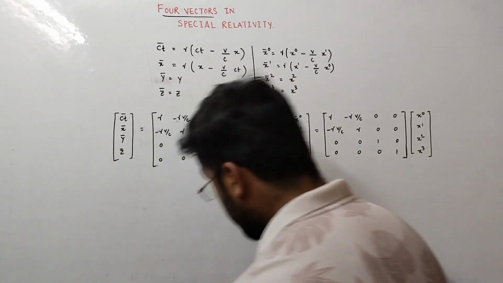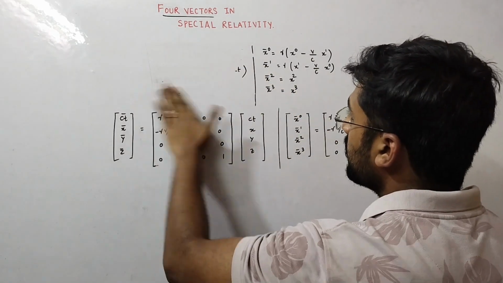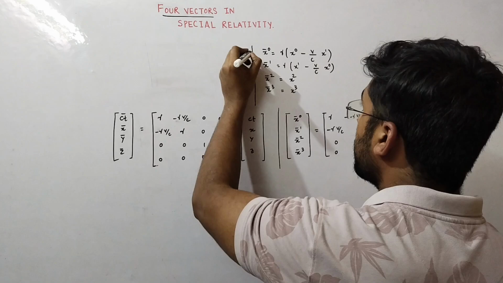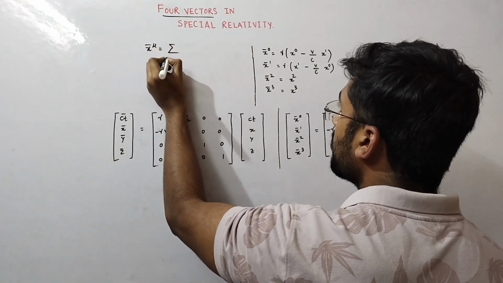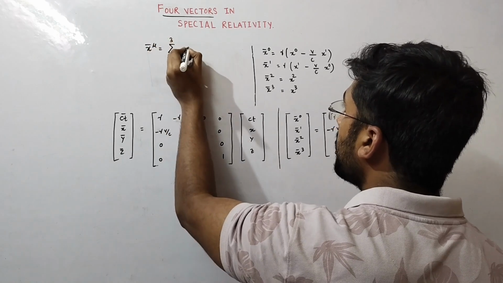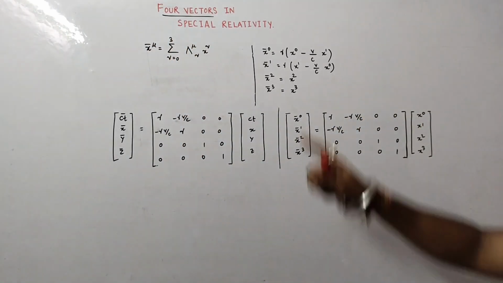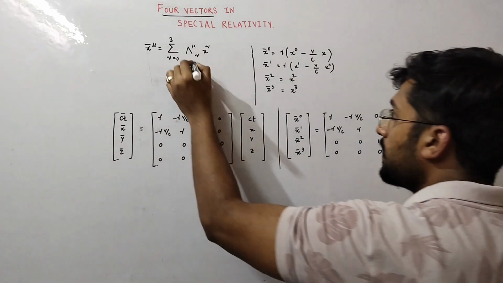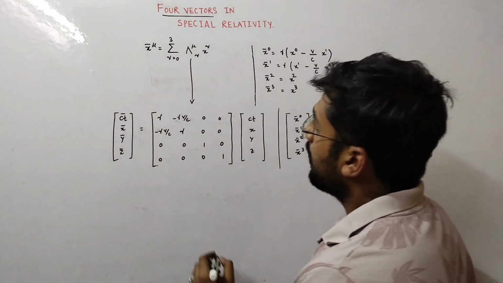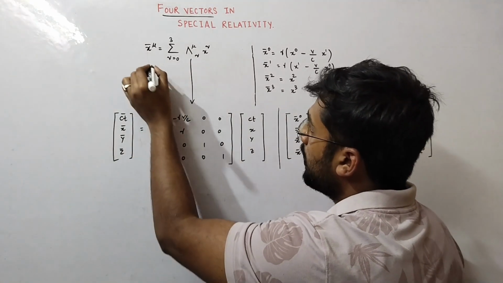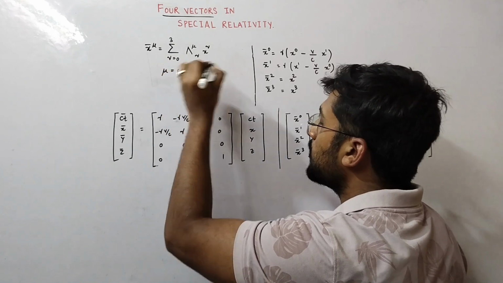Okay, fine. So now we'll write down the transformation matrix for it. The transformation equation that I had was x bar mu is the sum over nu from 0 to 3 of lambda mu nu x nu, where lambda mu nu is the Lorentz boost, same thing. And mu goes from 0, 1, 2 and 3.